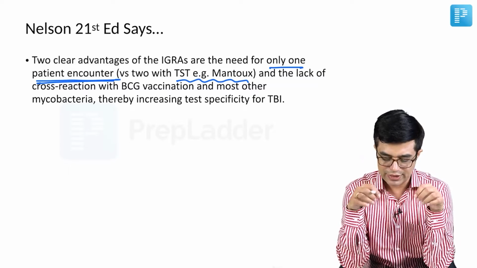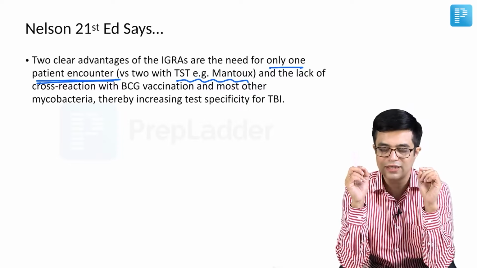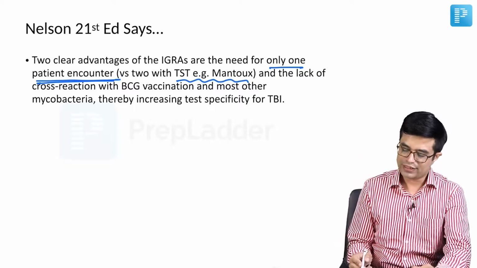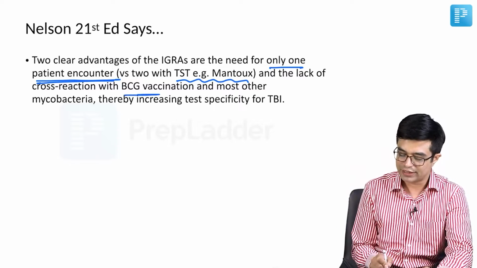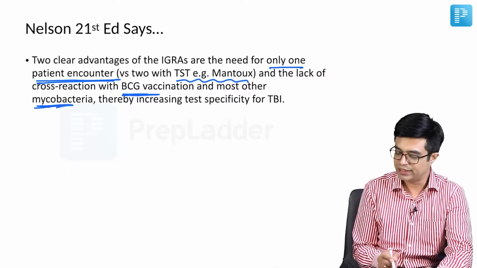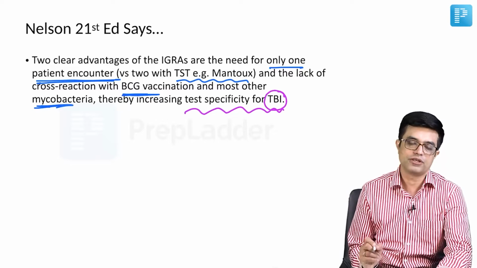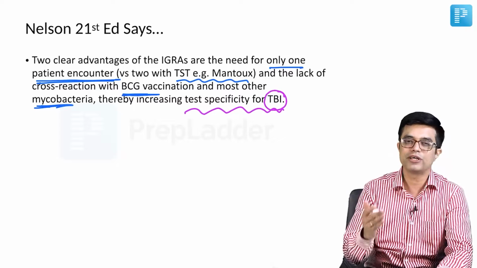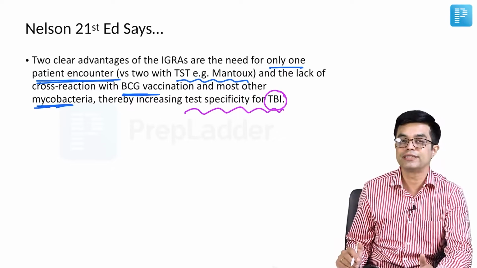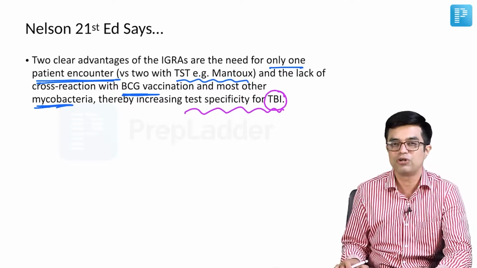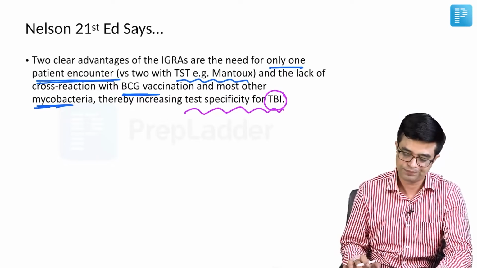So in these patients, IGRA will be a single encounter, single visit test. Second important point is there is lack of cross reaction with either BCG or other mycobacteria, so there is increased test specificity for tubercular infection. So this is important that Mycobacterium tuberculosis infection is shown and vaccination related phenomena can be ruled out.